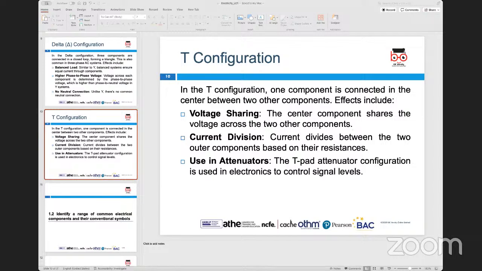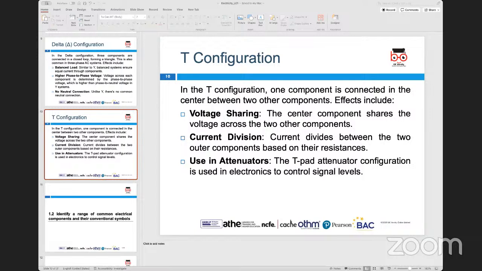When we talk about the T or terminal configuration, it is applied in circuit design and is often used to describe a specific arrangement of components, such as transistors, capacitors and inductors, in a T-shaped form. This configuration can impact various electrical characteristics of the circuit, such as impedance and voltage.